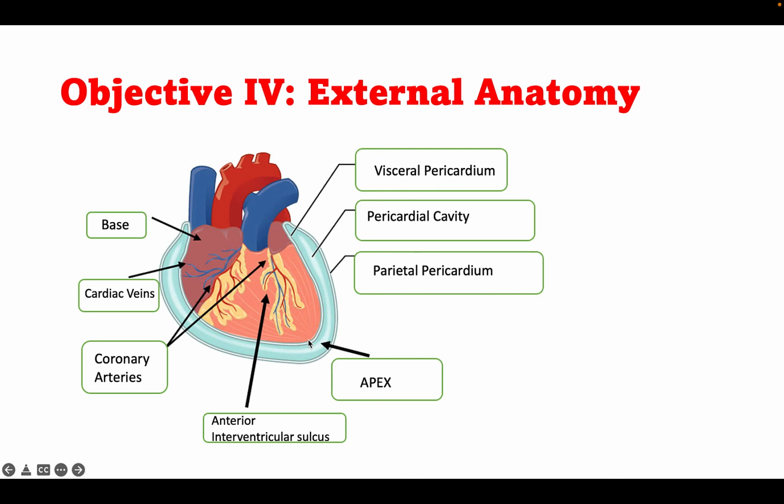Then we have this anterior interventricular sulcus. All right, so when we're looking at our hearts in lab, obviously this video is for people that aren't in lab, this anterior interventricular sulcus is running diagonally in front of the heart. So we're looking at an anterior, front side view of the heart. This sulcus is interventricular, which means it's between the ventricles, the left and right ventricle.